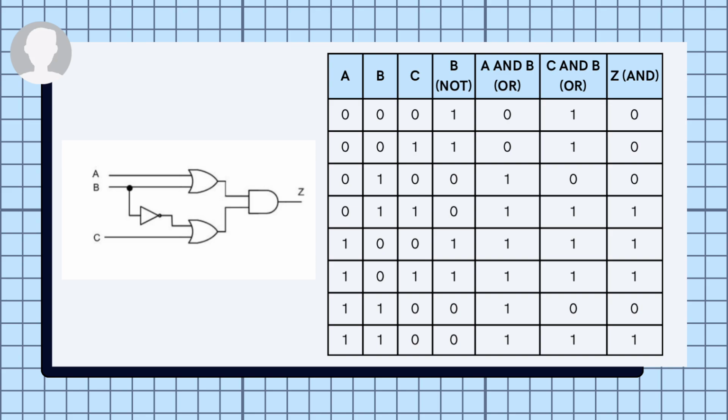Then let's take a look at row number 4. A value is 0, B is 1, C is 1. From the truth table, the output Z is 1. That means for this combination, the logic gates give us a high output.